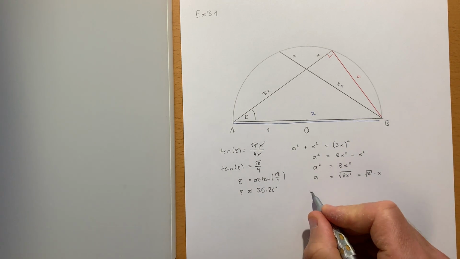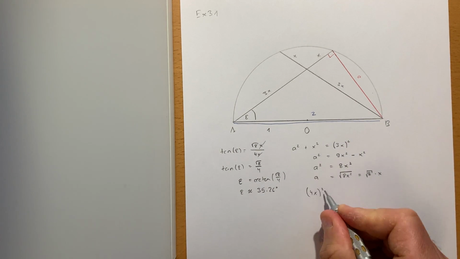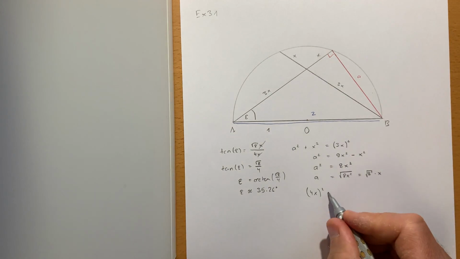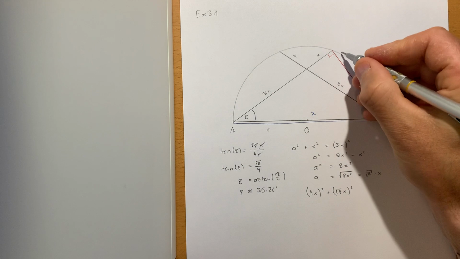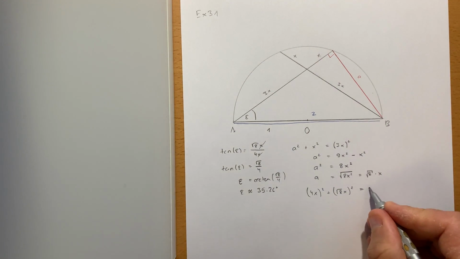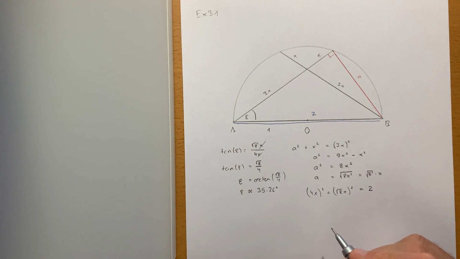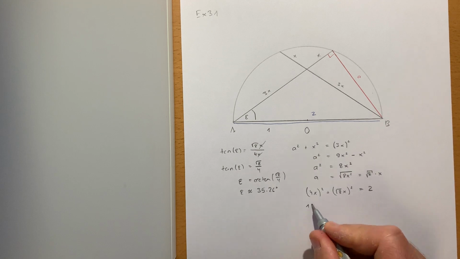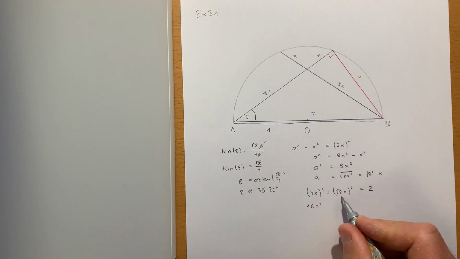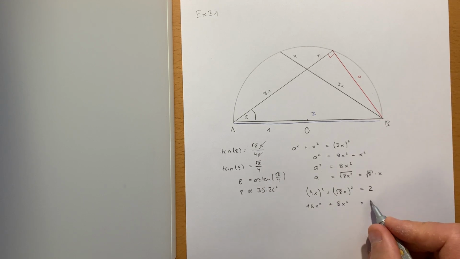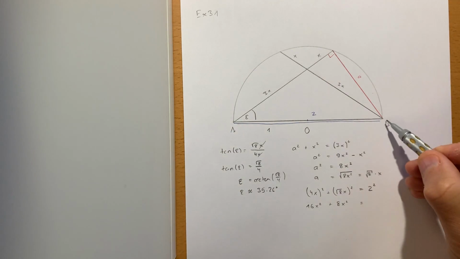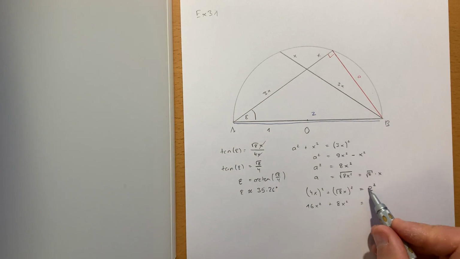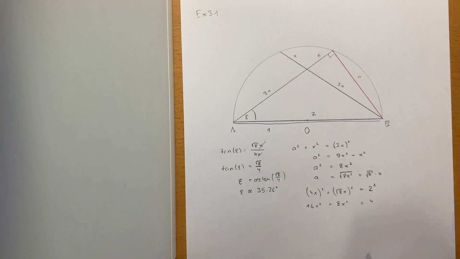Now you know (4x) squared, this, plus (the square root of 8 times x) squared, this, is equal to 2 squared, because that's a right angle too. So you get 16x squared plus 8x squared is equal to 2 to the 2, sorry. It's this squared plus this squared is this squared. 2 to the 2 is 4.